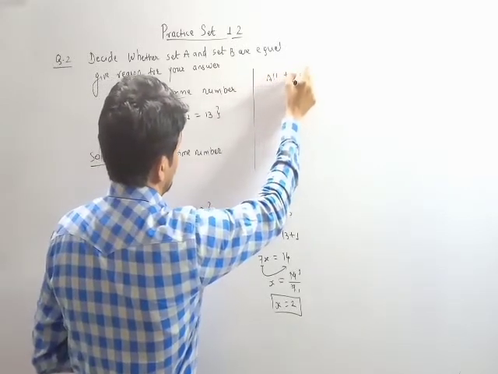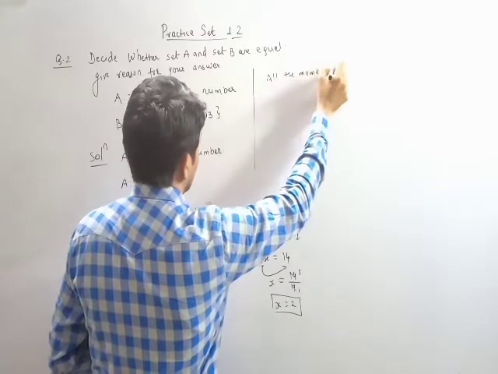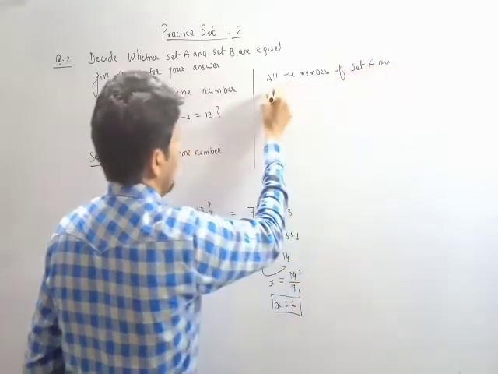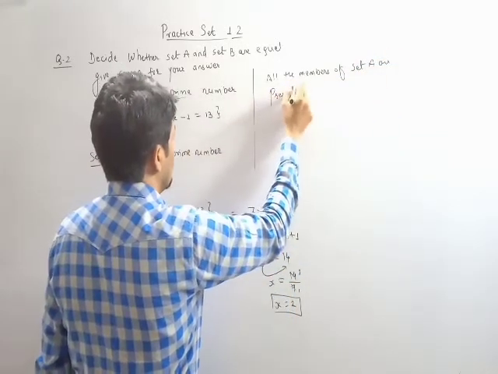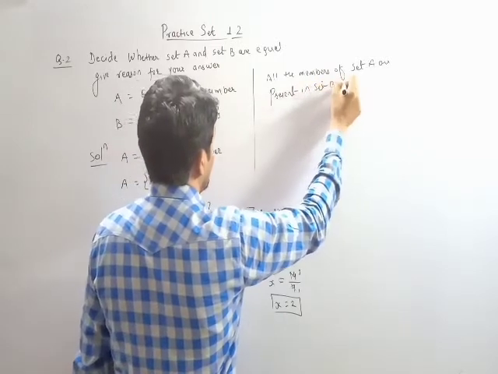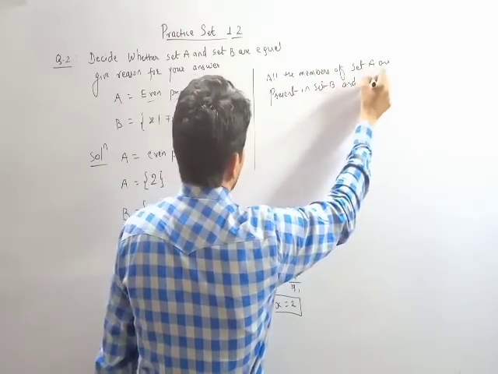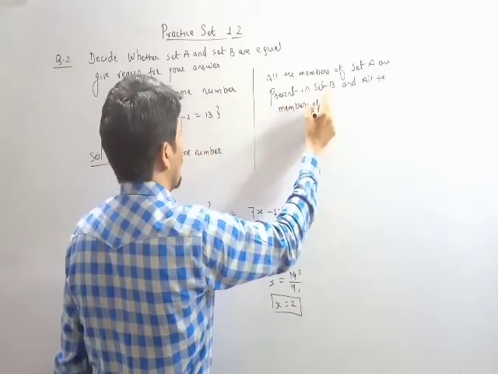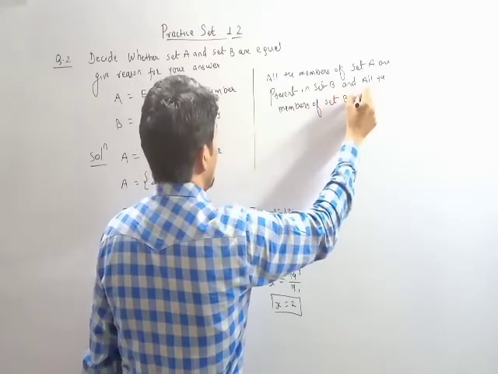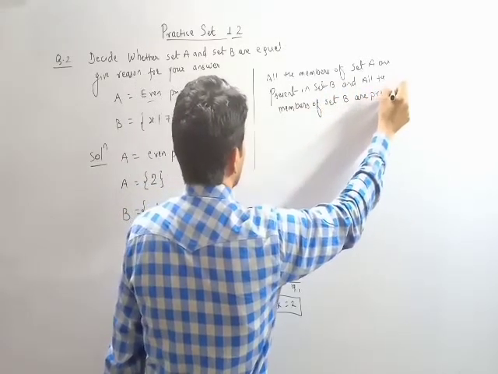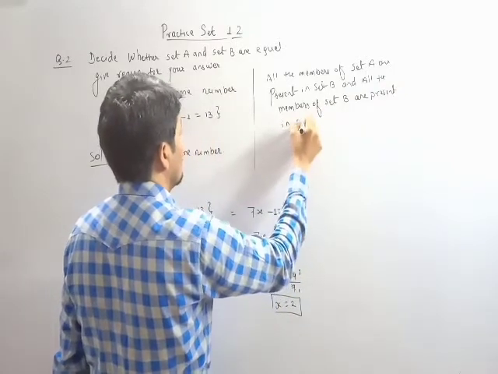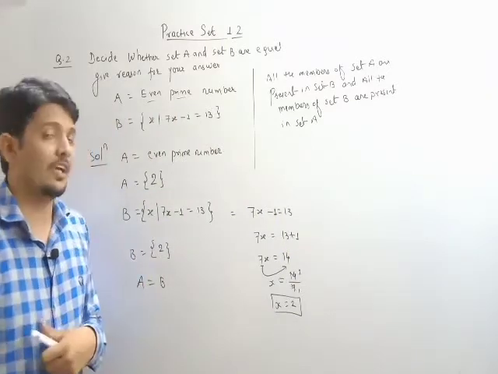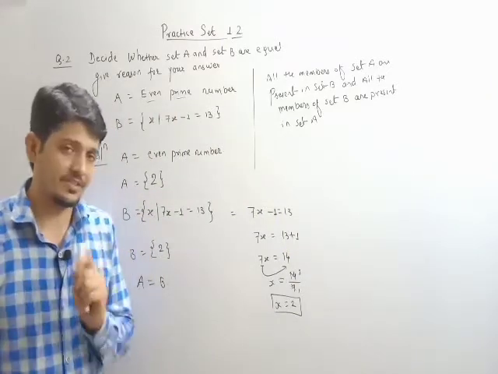All the members of set A are present in set B and all the members of set B are present in set A. That is the reason why A and B are equal sets.